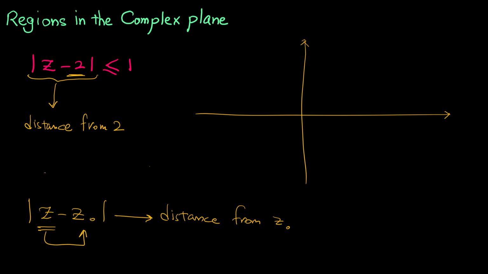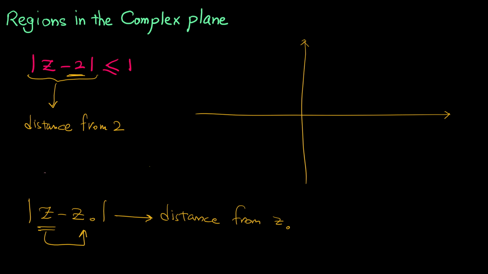Basically, this is the geometric interpretation for the absolute value, or modulus, of a complex number or even a real number. Absolute value is defined in a way that always shows the distance. When you have the modulus of z, it shows the distance from the origin, but when you have the modulus of z minus something, it shows the distance from that number. So the modulus of z minus 2 is the distance from point z to point 2.